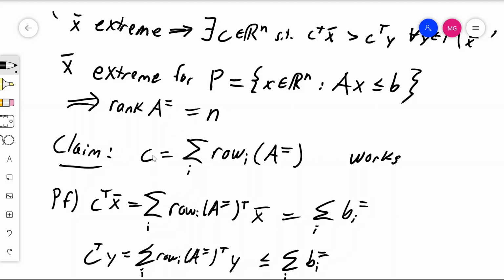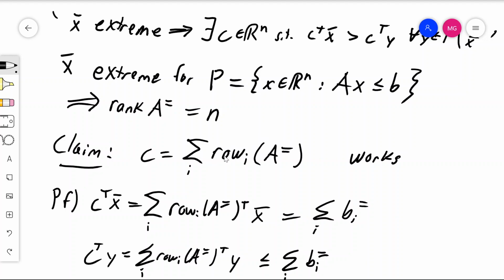So what's this vector c that we're going to get? The claim is that c is the sum of the rows of the matrix A equality. Look at the matrix A equality, the matrix of tight constraints for x bar, and I sum those row vectors together. Those row vectors are all vectors in R^n.